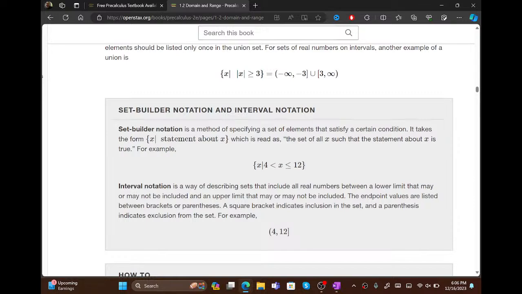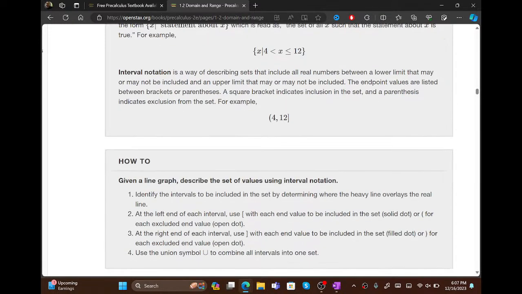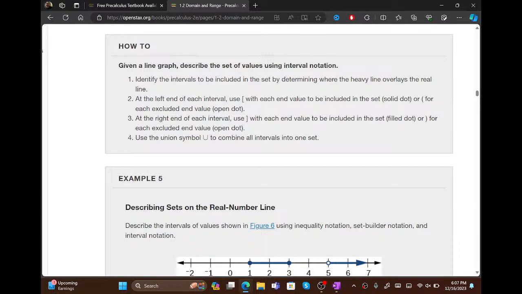Interval notation is a way of describing sets that include all real numbers between a lower limit that may or may not be included and an upper limit that may or may not be included. All that means, guys, is what we just did. Honestly, the way they're explaining this, in my opinion, sounds very confusing. It just means if it's parentheses, we are not including it, and if it's bracket, we are including it. So I'm just not really going to go over that much.